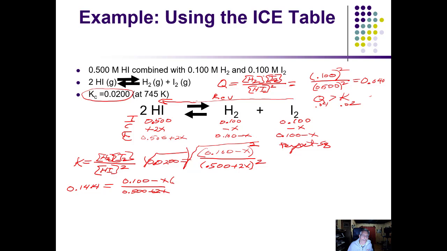I'm going to go ahead and multiply both sides by 0.5 plus 2x and multiply this side by 0.5 plus 2x. Okay? And that's going to get rid of it over here.